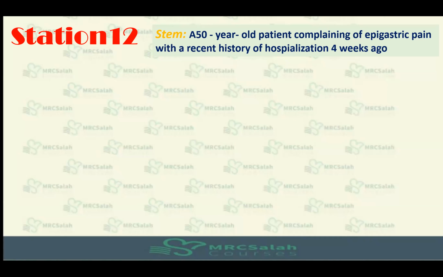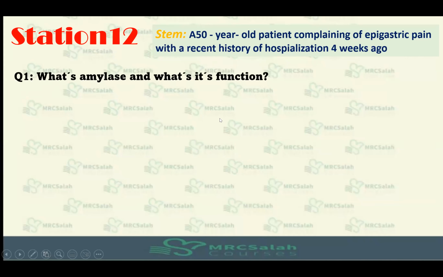Okay. So we have a 50-year-old patient complaining of epigastric pain with recent history of hospitalization for acute pancreatitis 4 weeks ago. Can you please tell me what amylase is and what its function is?